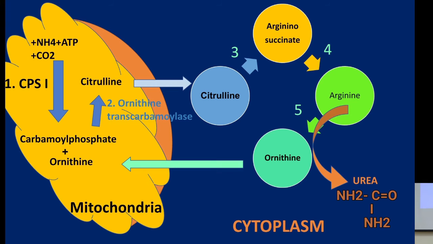And that's why this is called a cycle. Kind of just like the TCA cycle, you have to regenerate what you started out with. So we started out with carbamoyl phosphate and ornithine. Now we regenerated ornithine, bring it back in. This way, this cycle can continue. Okay?